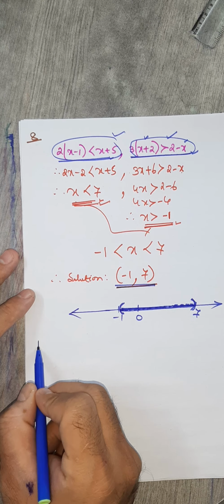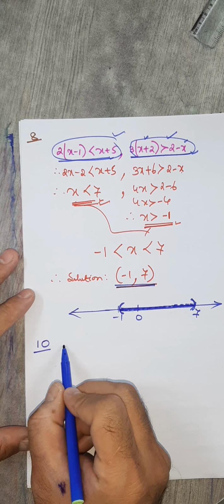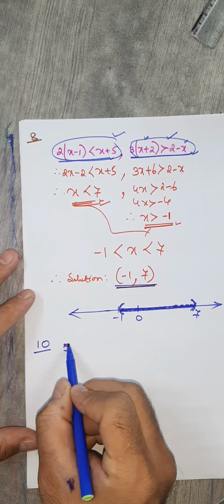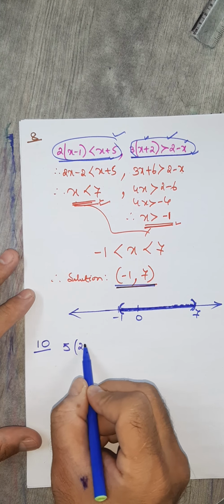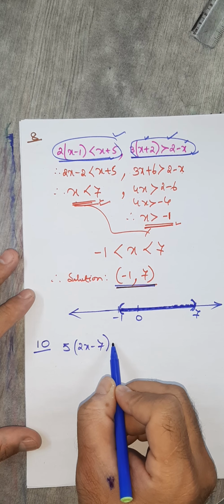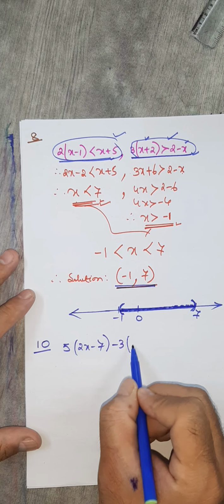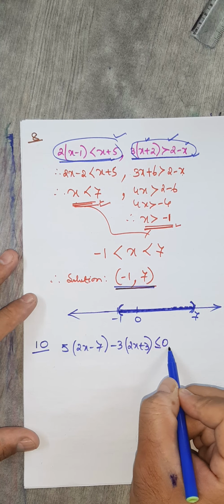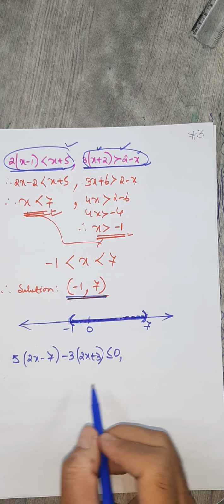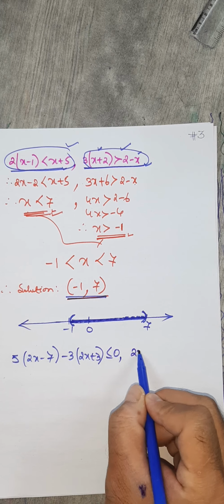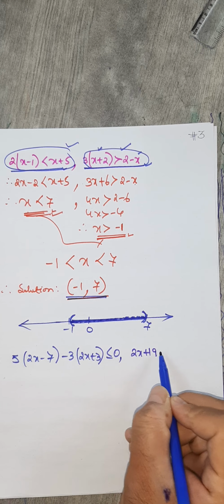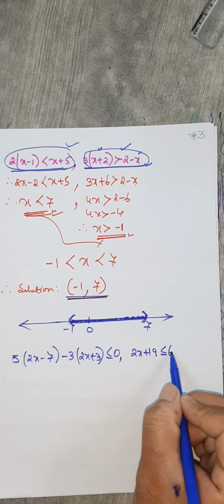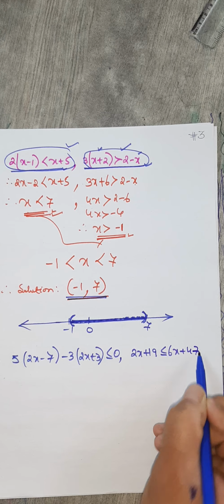Question number 10, for example. Let's say the 10th question. 5 into 2x minus 7 minus 3 into 2x plus 3 is less than or equal to 0. One is this inequality. The other: 2x plus 19 is less than or equal to 6x plus 47.